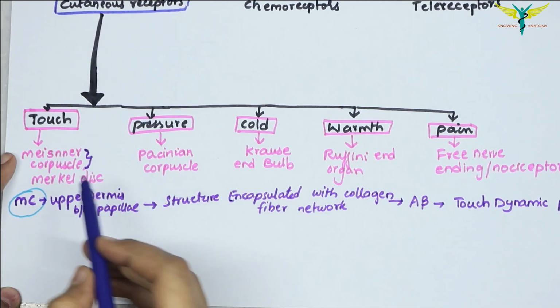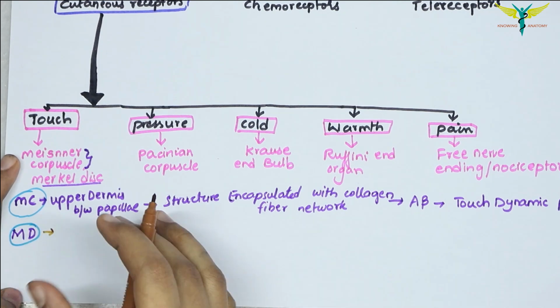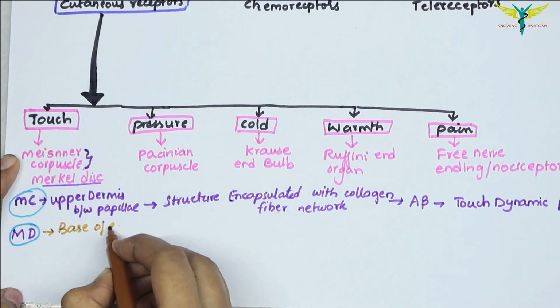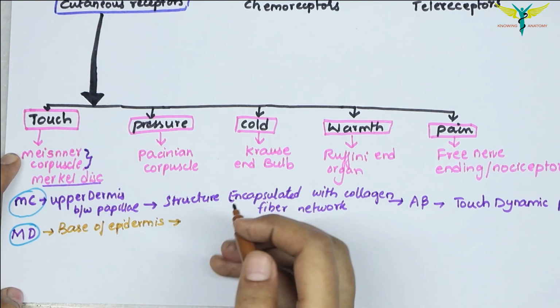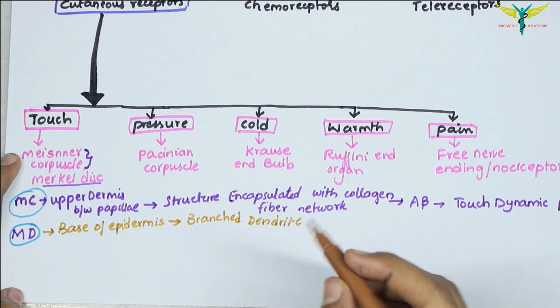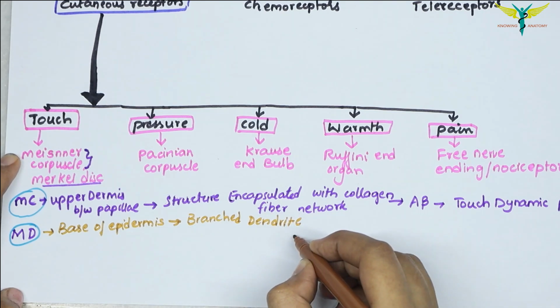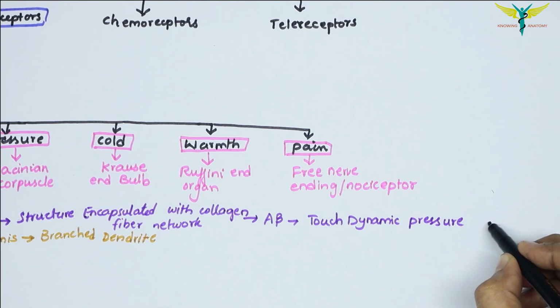And the other touch receptor, the Merkel disc, is situated in the base of the epidermis, and its structure is a branched dendrite, and each branch is expanded like a disc and is not capsulated. So the structure of the Merkel disc looks like this.